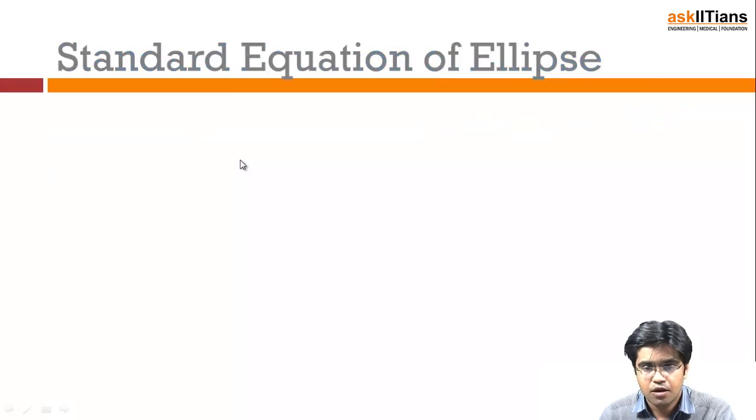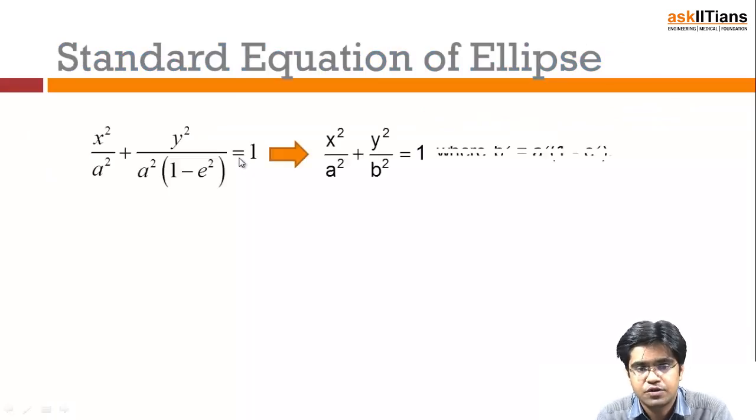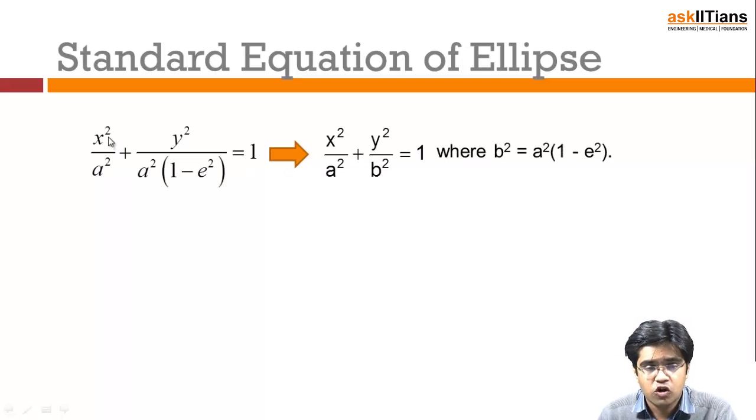Let's move. Now we'll move to the standard equation of the ellipse. What is the standard equation of the ellipse? It is given by x square by a square plus y square divided by a square of (1 minus e square) equals 1. Now this a square of (1 minus e square) we have termed as b square. So b square is a square times (1 minus e square), where e is the eccentricity.